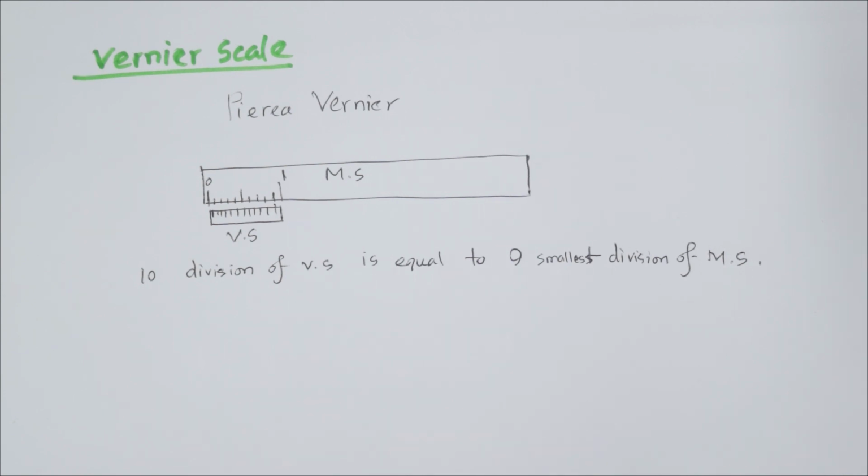So 9 smallest divisions of the main scale is 9 millimeter or 0.9 centimeter.